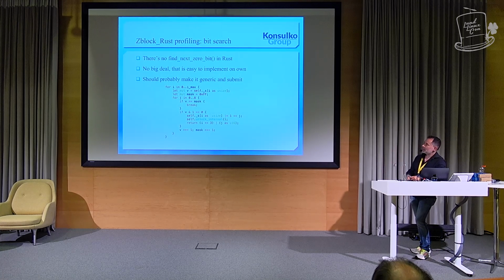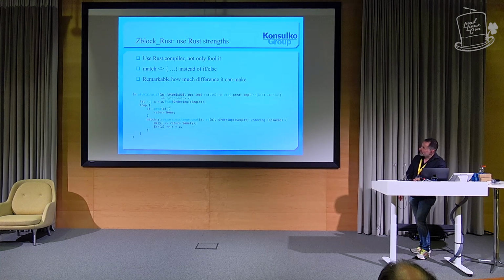We kept the spin locks via bindings, and then there are some helper routines in C to manipulate the bit arrays, and we had to re-implement that in Rust and do profiling as well, because that's one of the basic searches that is on the hot path. And it turned out to be pretty okay.